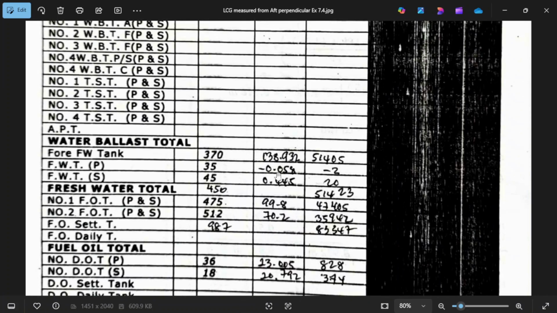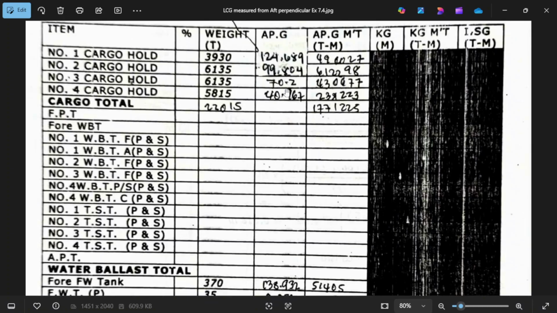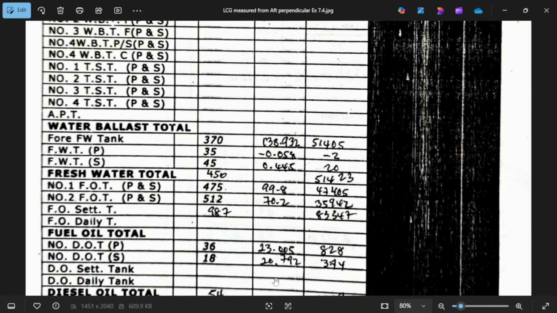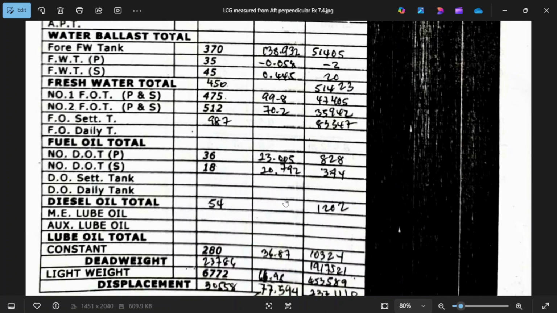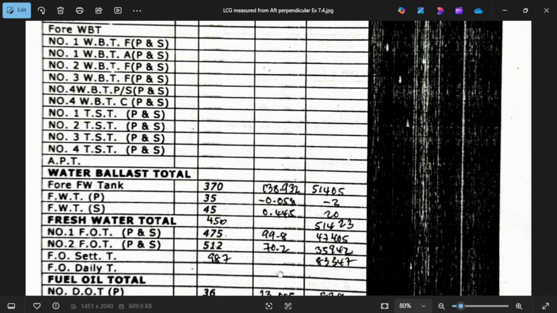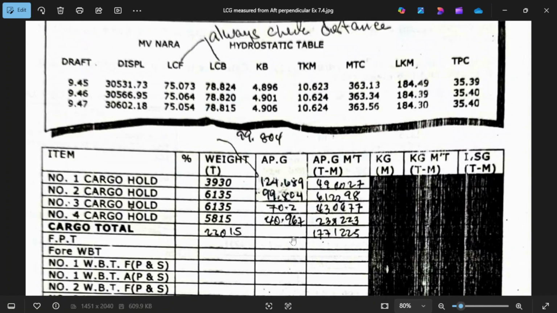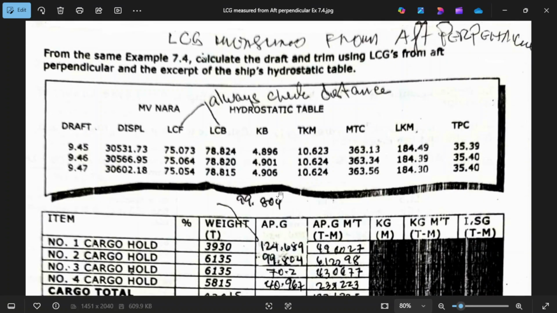And take note, guys, the LCGs are all positive, okay? All positive, except for this one, the freshwater tank, which is on port side, which is negative, and all the rest are positive. Why positive? Okay, I'll explain it further.